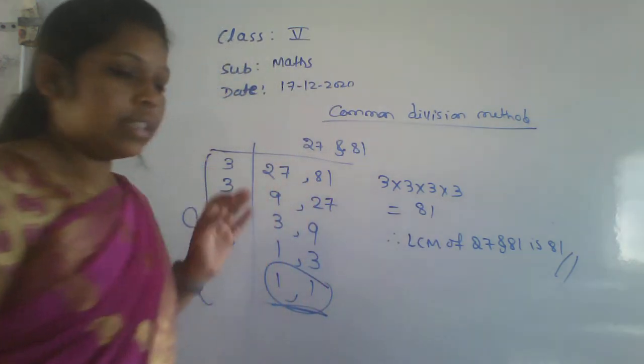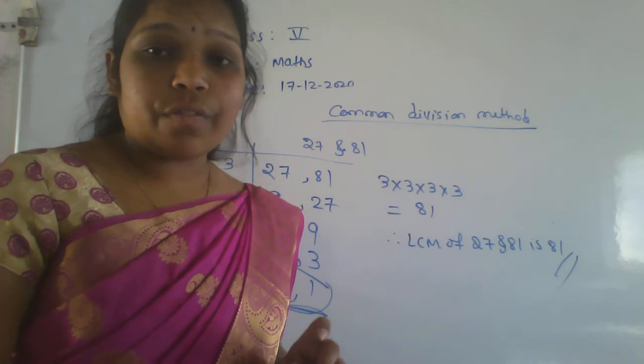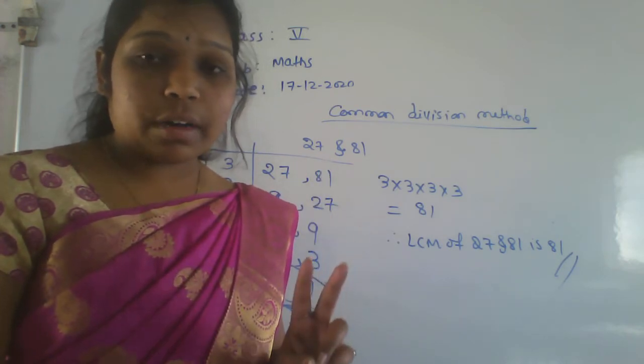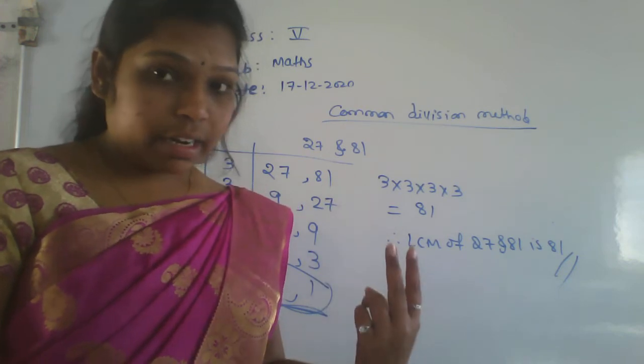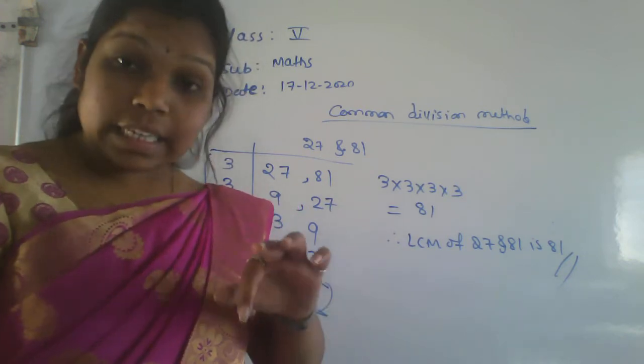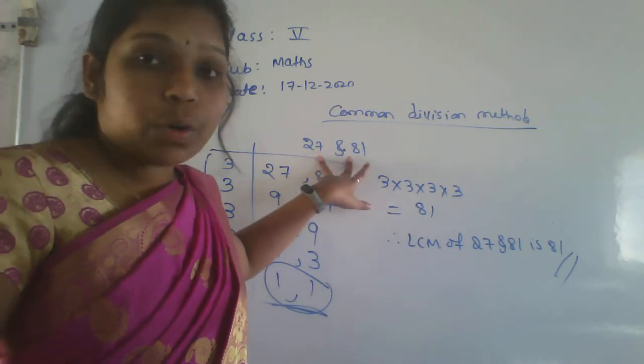And one more thing, keep it in your mind: the LCM of any two given numbers is always greater than the given numbers, otherwise it is equal to one of the numbers. Here 27 and 81 are the two numbers.